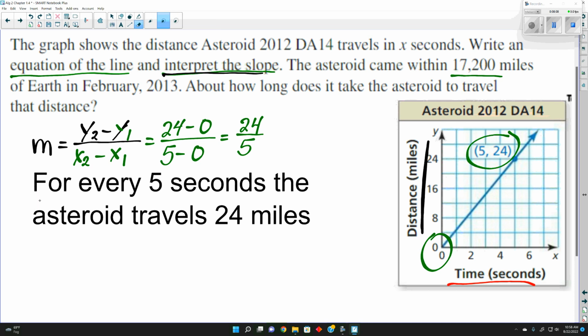For the interpretation of the slope, we're wanting something along this here. For every 5 seconds, the asteroid travels 24 miles. That's one of them. You could rephrase it in different ways, but that's essentially what we want when we interpret the slope. What is the slope telling us?